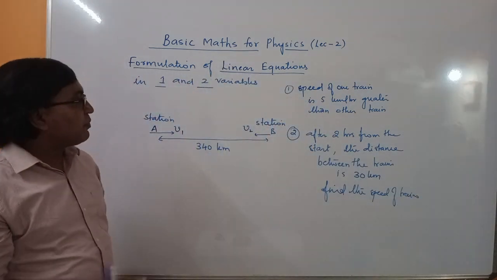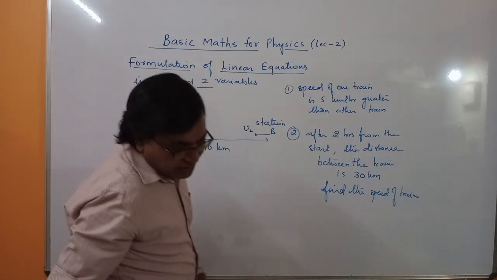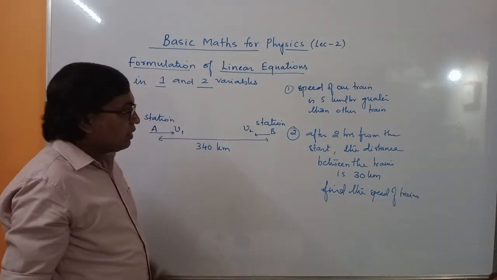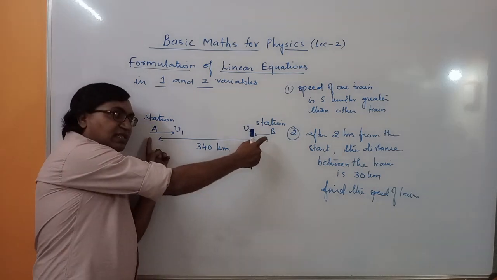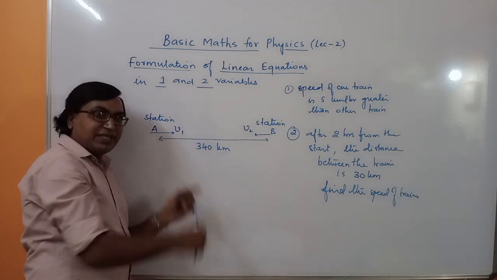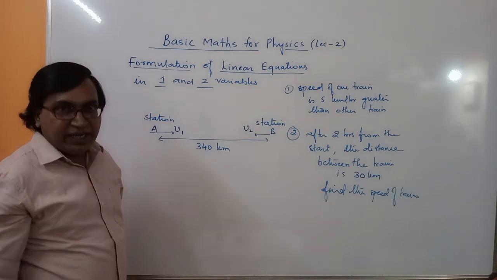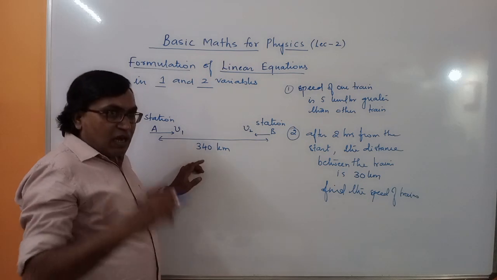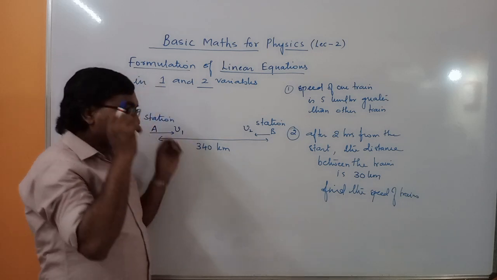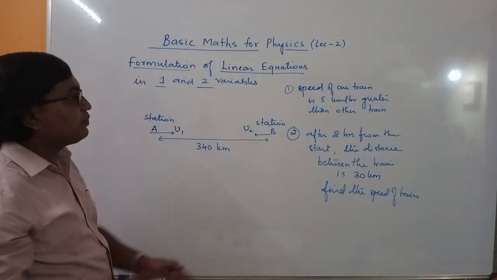Okay, so hope you understood the problem. There are two stations, 340 kilometers apart. Two trains start in opposite directions on parallel tracks and move towards each other. The speed of one train is 5 km per hour greater than the other train, and after 2 hours from the start the distance between them is 30 kilometers. So find the speed of the trains.